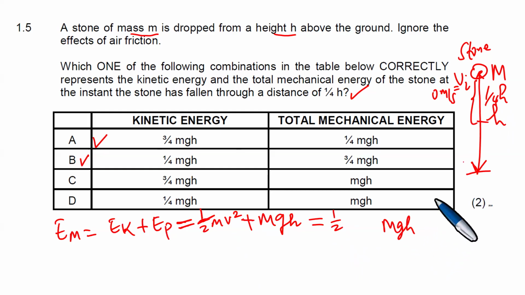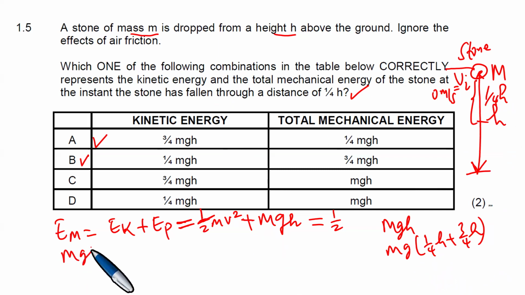The total height is in two parts: you'd have 1/4 of the height and 3/4 of the height, because that is the total height. The total mechanical energy, which is the total energy it possesses, is mgh at the top, because that is where we have the total height.